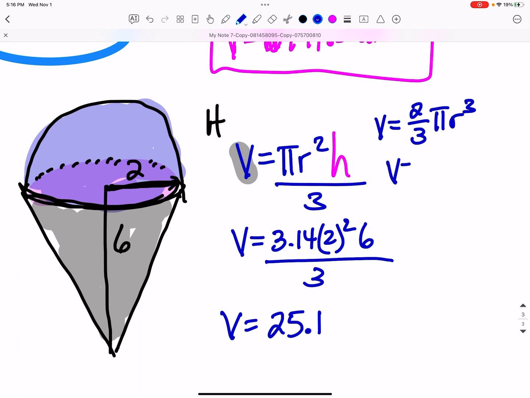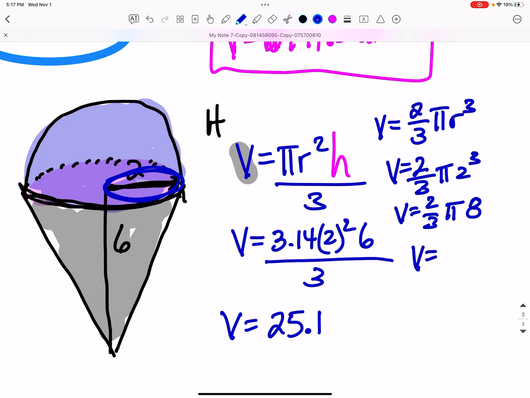All right, volume equals 2/3 pi times the radius of that sphere, 2, to the third power. That's 2/3 pi times 2 times 2 times 2, which is 8. So 2 divided by 3 times 3.14 times 8, the volume equals 16.7.